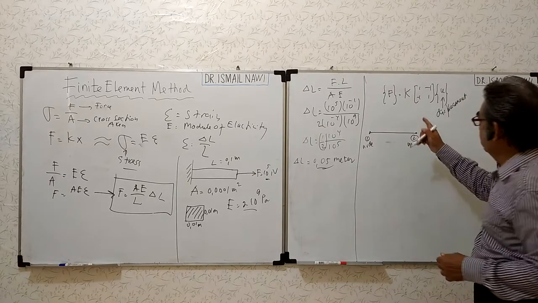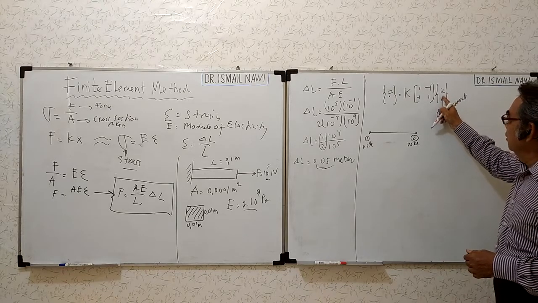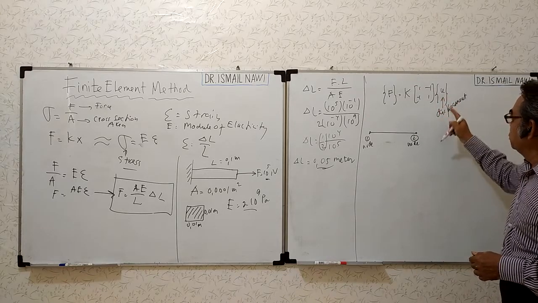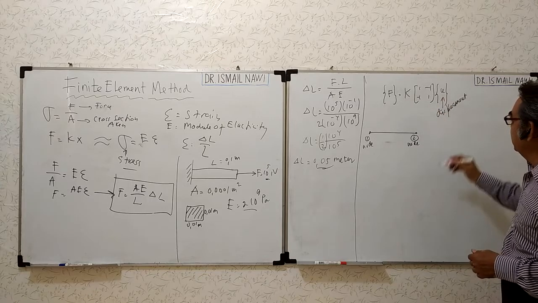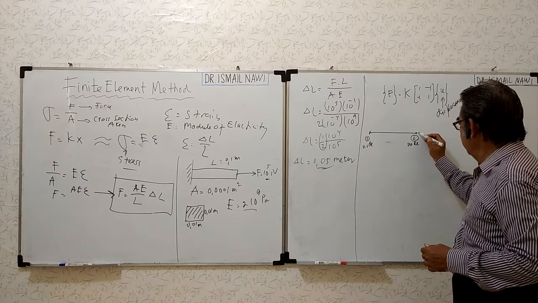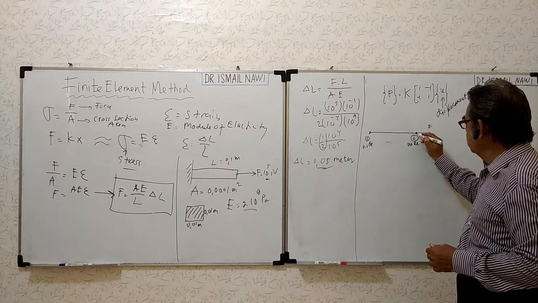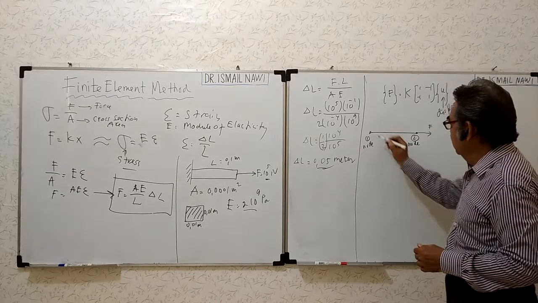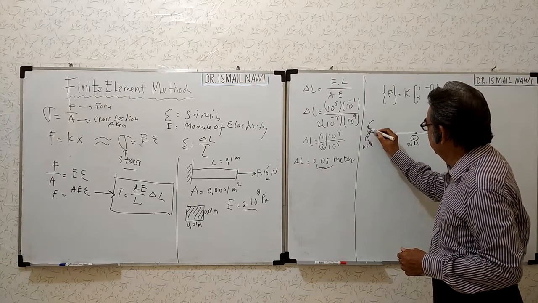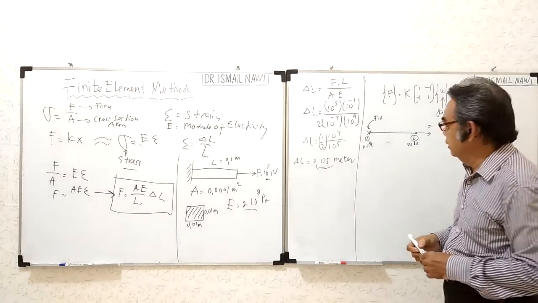From this formula we can find the value of displacement. Actually we can see that F here is on node 2, and node 1 is fixed. This is fixed, which means it doesn't move anywhere.